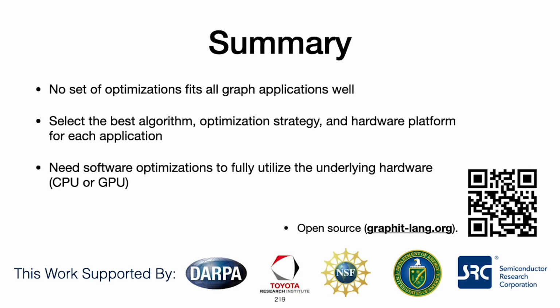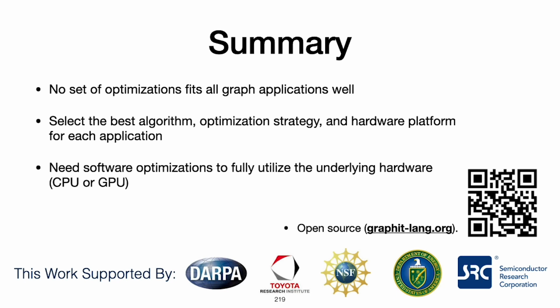So to summarize, what we have shown you here is graphs are very complicated and very diverse. They are diverse by algorithms, and depending on where you execute, there's a lot of diversity. But also, the graphs themselves are very different.